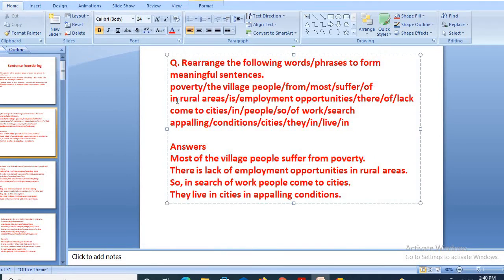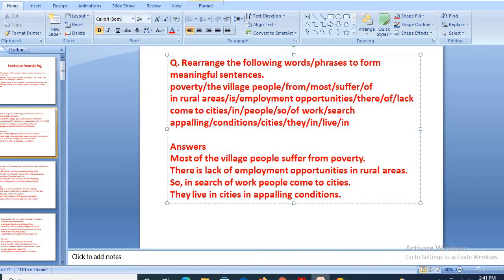Next one, if a question is like this, in rural areas, then a slash, then is, another slash, then employment opportunities, then another slash, then of, and finally it is written lack, lack of. So in this case, if you get a question like this, that means it has not been arranged properly.